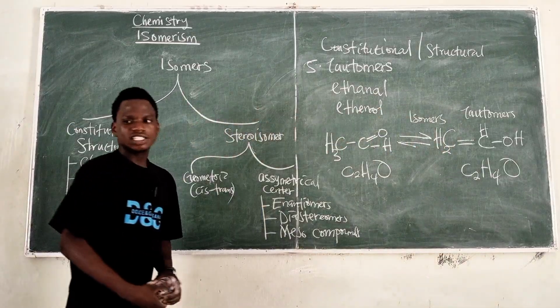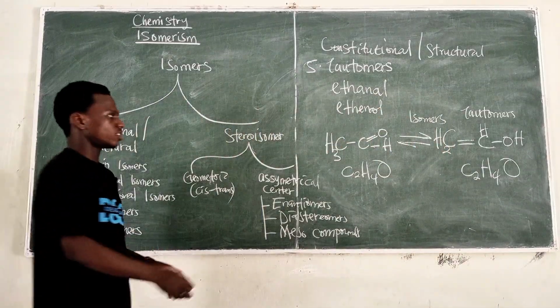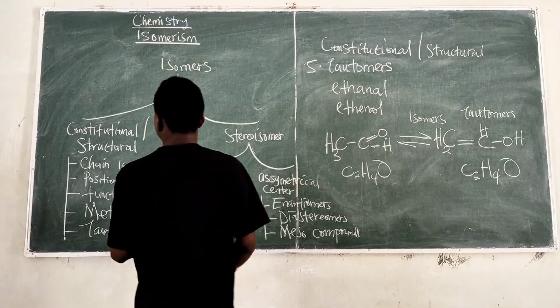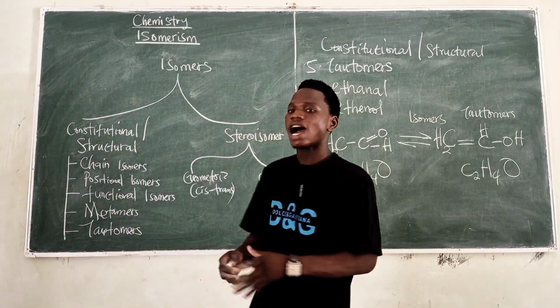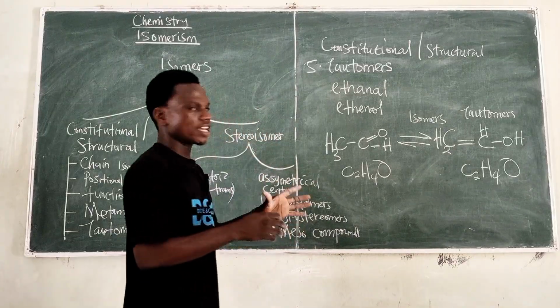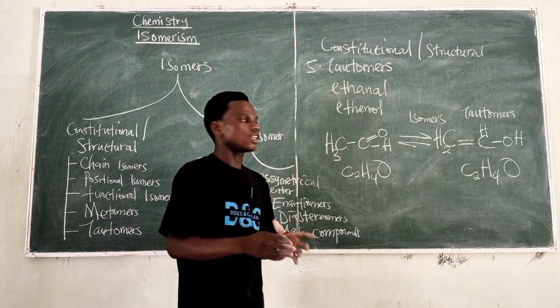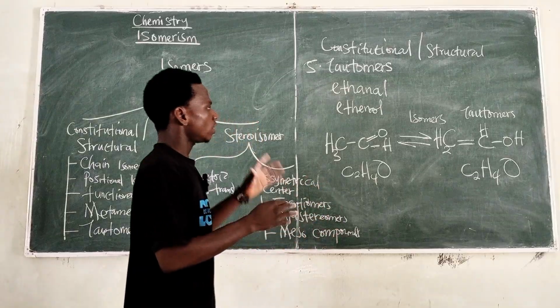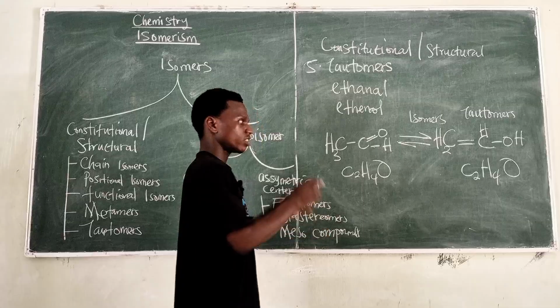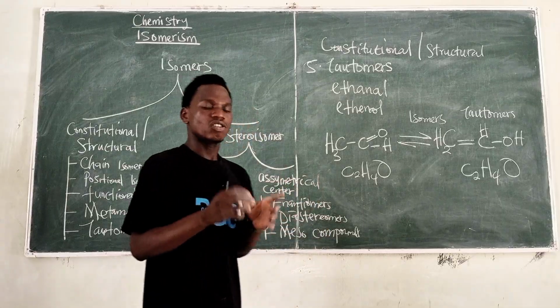So with all this being said, this is all about constitutional isomers. In summary, constitutional isomers are isomers with the same molecular formula but different connectivity of atoms. They have the same molecular formula, the same atoms, but different connectivity of atoms.